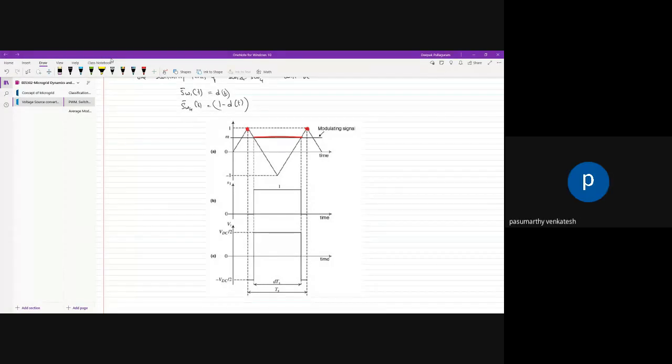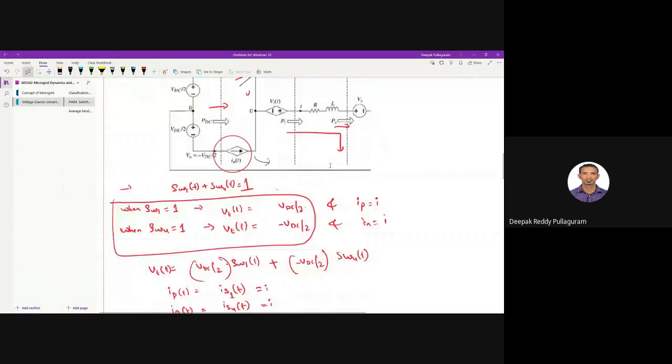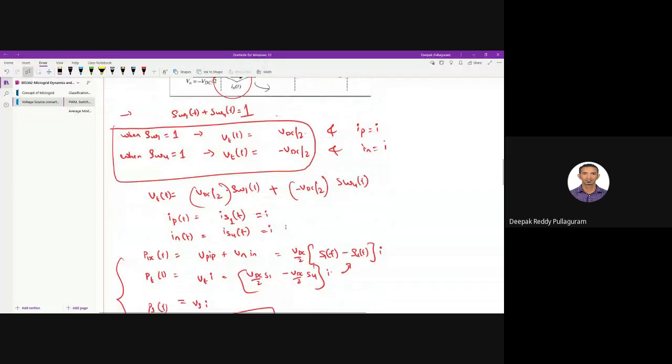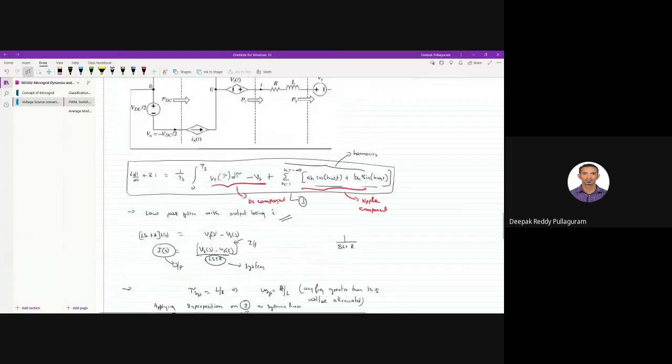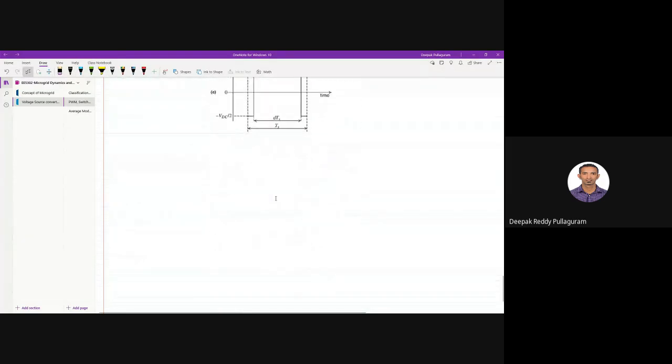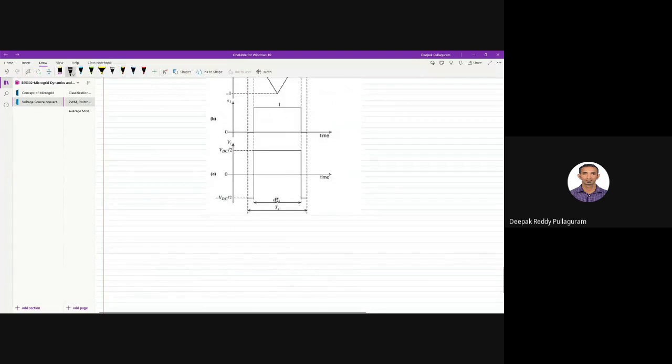Now if I substitute these two expressions into the earlier calculations we did in red, where we wrote VT, PDC and PT in terms of SW1 and SW2, can I get VT in terms of D?